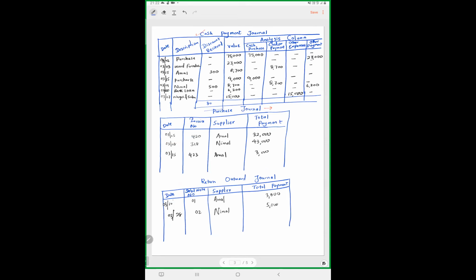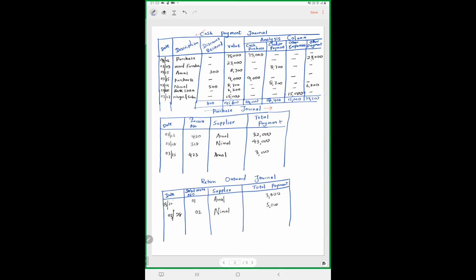First, we need to get the discount received 800, here 84,000, here 17,400, here 15,000, here 29,200. Altogether 145,600.